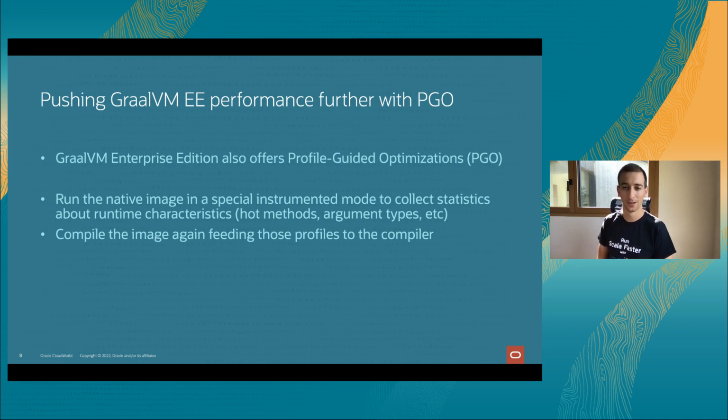So we will collect those statistics, and then we compile the native image again by feeding those profiles to the compiler. And then the compiler can be much smarter at compilation time by leveraging that information and spending much more effort on the hot methods, giving more budget, taking riskier decisions like duplicating code and unrolling loops, those things that can be costly in terms of binary size, for instance.